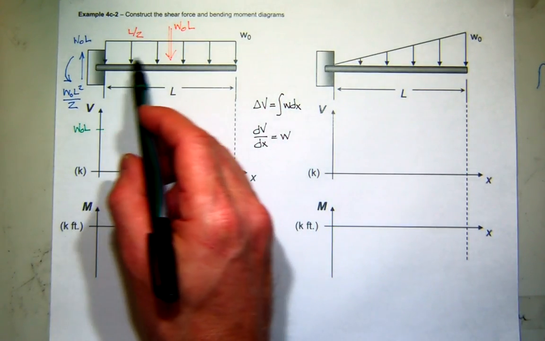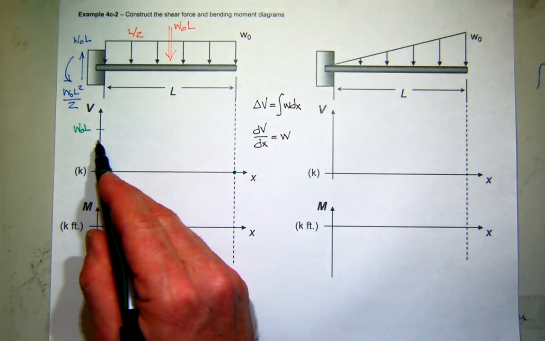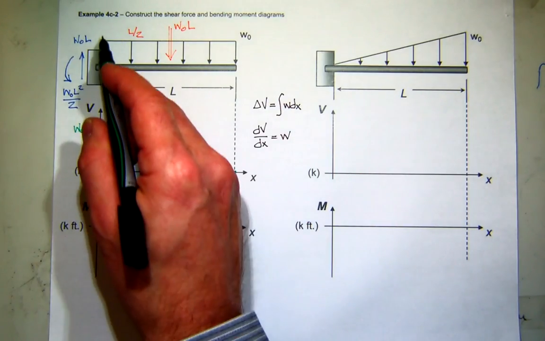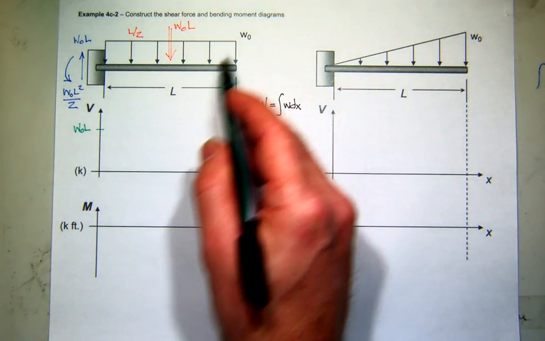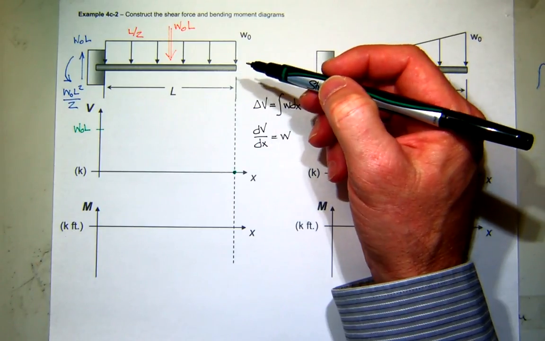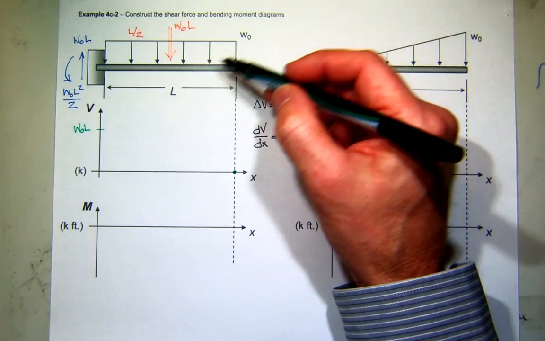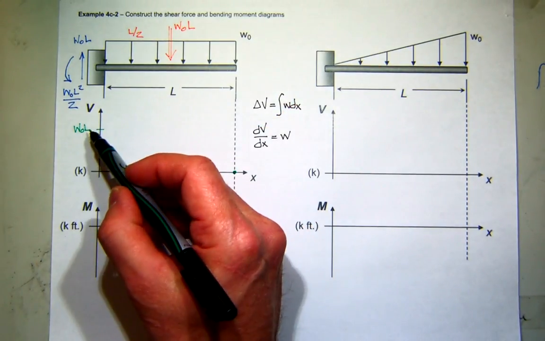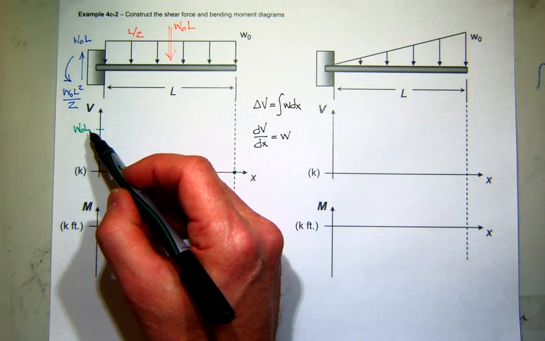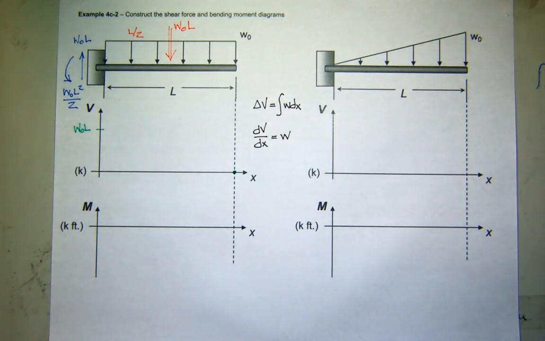You'll notice that the load is continuous over this whole section, so the change in shear from the left side to the right side should be equal to the area under the curve. And what's the area under the curve? W naught times L. By the way, what kind of load is this? Is this a positive or a negative load? It's negative. So the change should be negative W naught L. So if I start at positive W naught L and add the change, which is negative W naught L, I do get 0. So that seems to work.